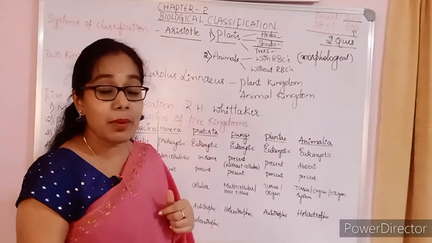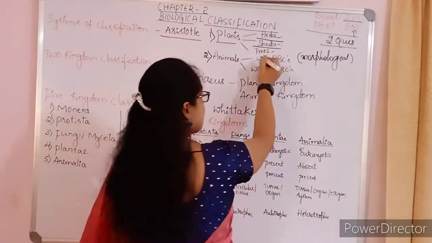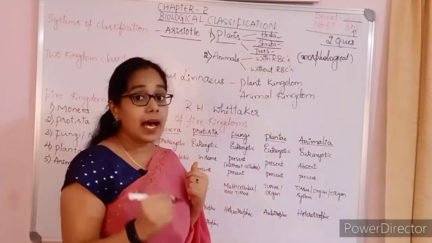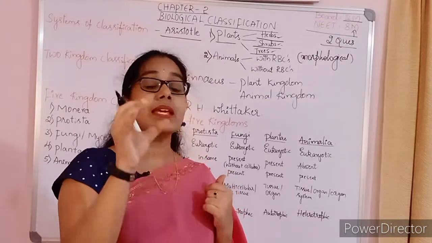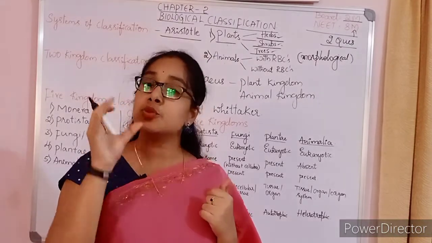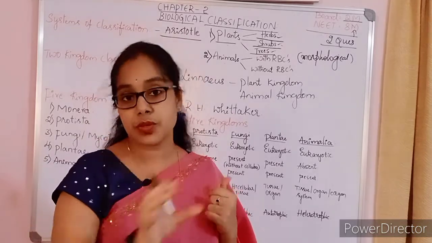The plants which are taller were placed under a category called trees. Got it? So this is how he classified plants into 3 categories: herbs, shrubs and trees.